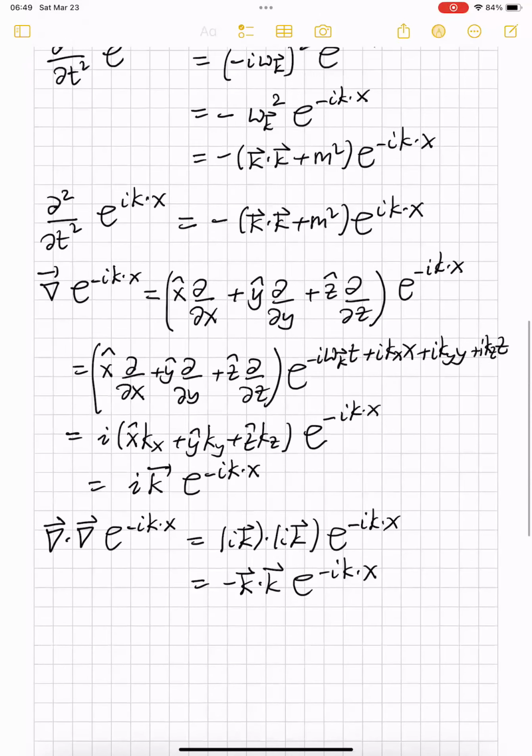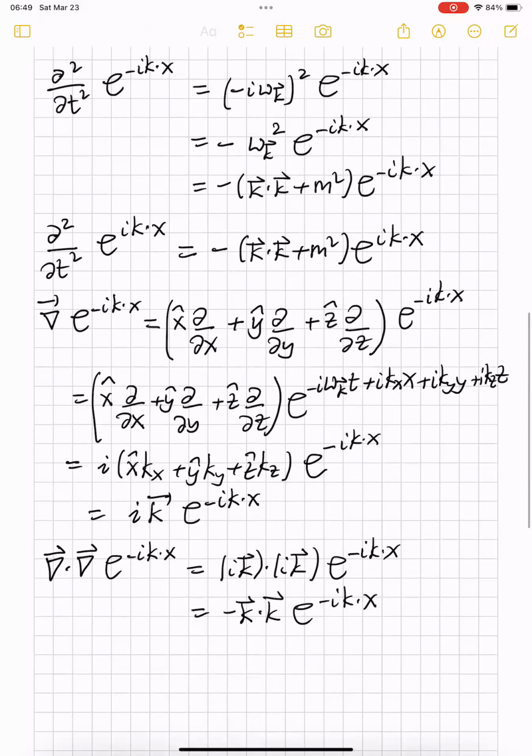Now, take a look. This is pretty interesting. When we took the second derivative with respect to time, we had minus k dot k plus m squared times e to the ik dot x. When we take the Laplacian, we get minus k dot k e to the minus ik dot x.